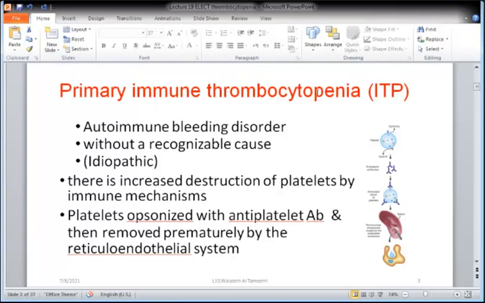So, primary immune thrombocytopenia is an autoimmune bleeding disorder. If it is idiopathic, there will be no recognizable underlying cause. But the mechanism is well understood: primary immune thrombocytopenia is due to increased destruction of platelets by immune mechanism.